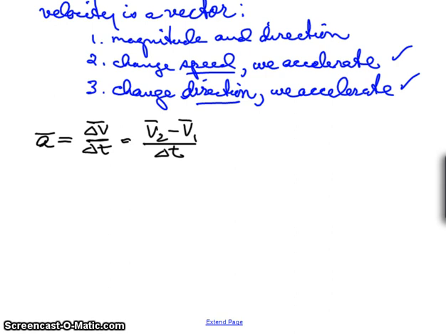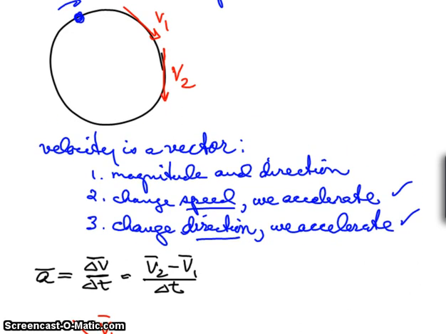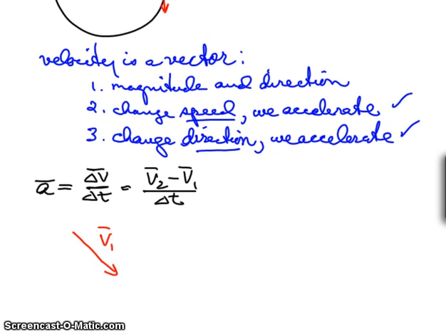So I have vector V1. Let me do that in red. Vector V1 pointed down roughly this way, and I will scroll back up. You can see that it's pointed approximately in the same direction as that circle. And I have vector V2 pointed straight down.